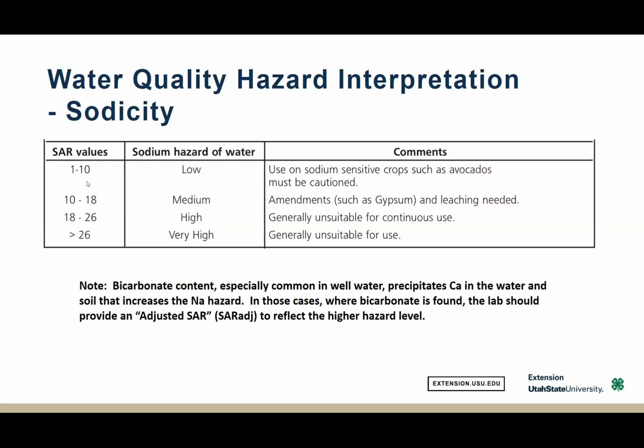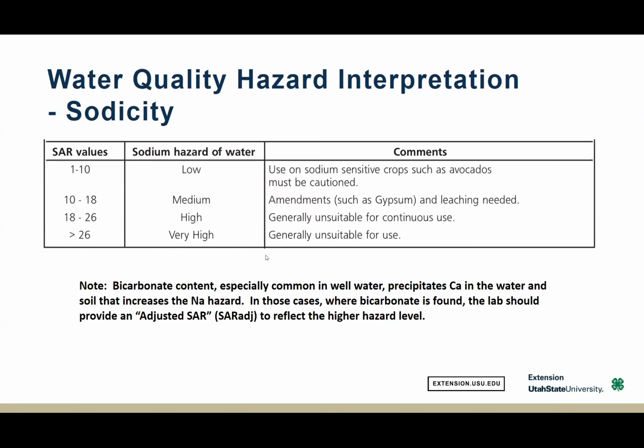Once we get up above 10 to about 18, then amendments such as gypsum, a soluble calcium source, would be needed to replace sodium in the soil and reduce the ratio of sodium to the other cations. And then we need to make sure that we remove excess sodium from the system through leaching of the soil materials. Once we get above 18, typically these are generally unsuitable for use as an irrigation water source.